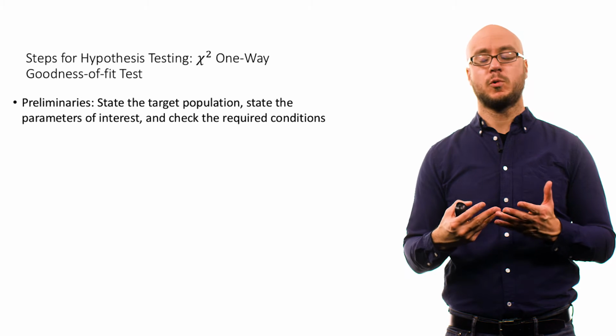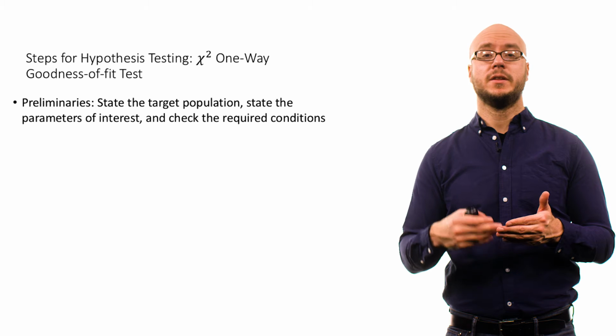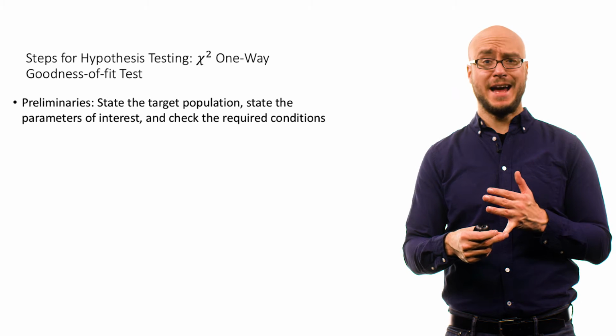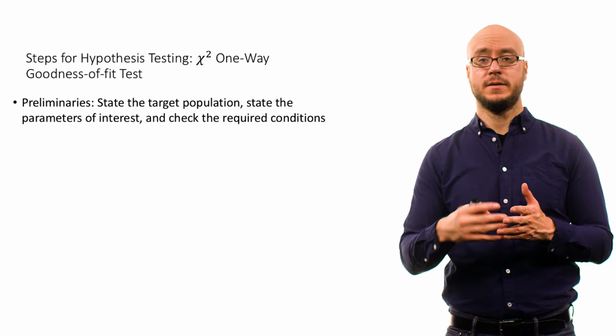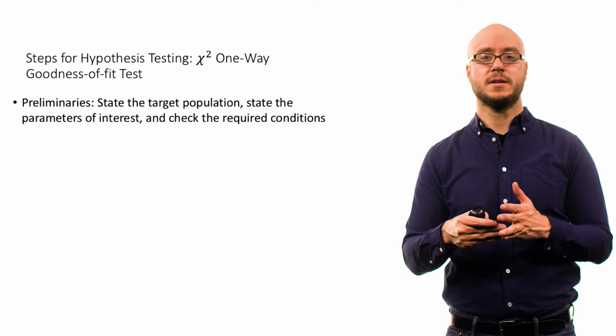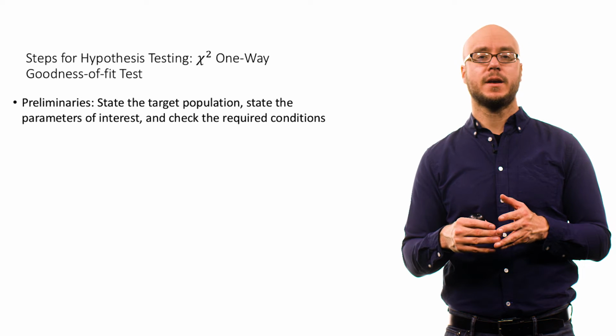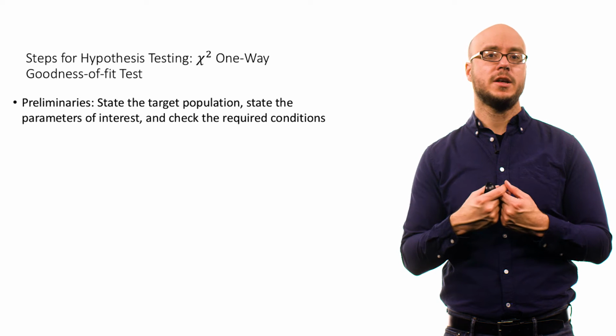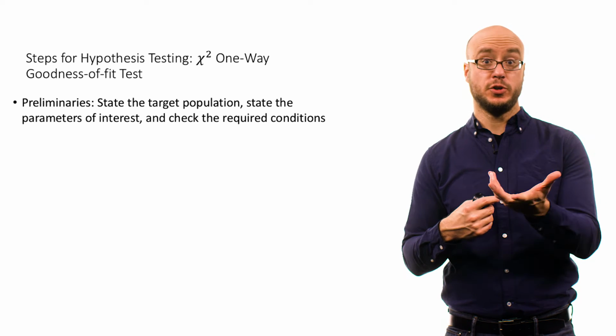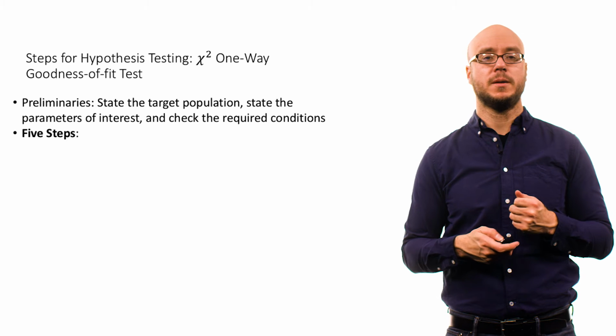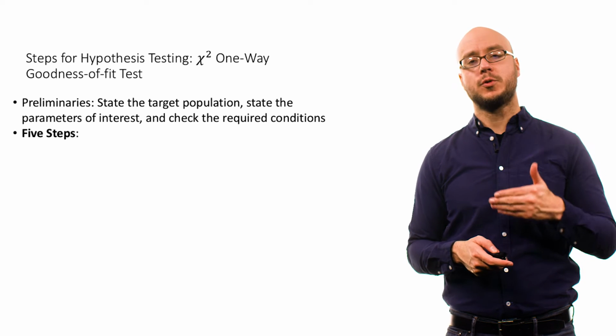And then we should check the required conditions we discussed earlier: the expected cell counts for each category should be at least 5, not the observed counts, but the expected cell counts. And this should entail an inference, so you should have a random sample from a population. So then we go through the 5 steps.